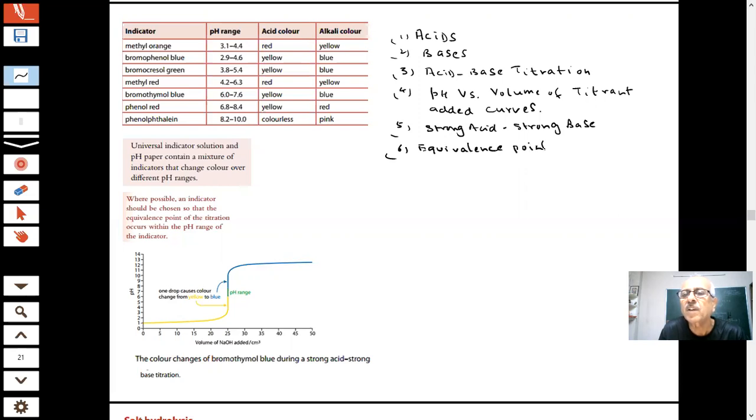There was a question: what is the equivalence point, students? Do you know what an equivalence point is, or have you forgotten? How do you define the equivalence point, students?